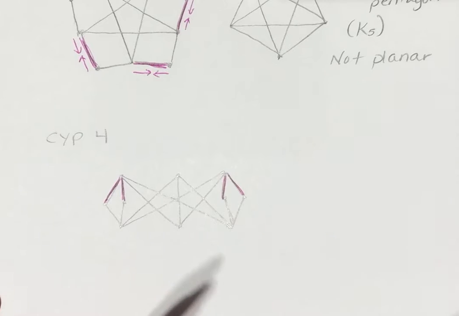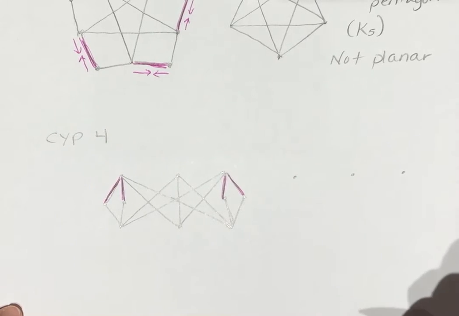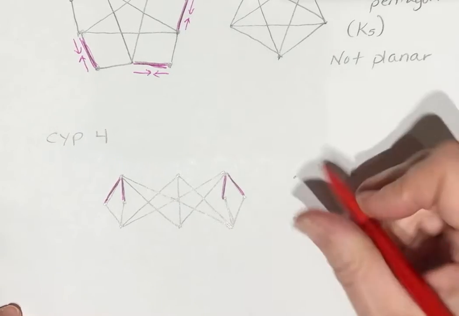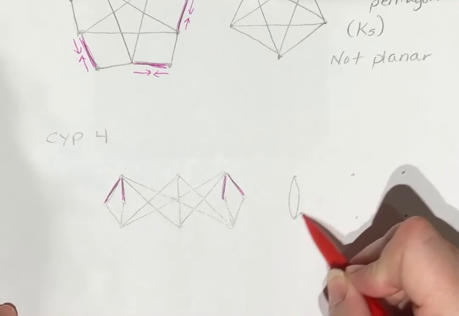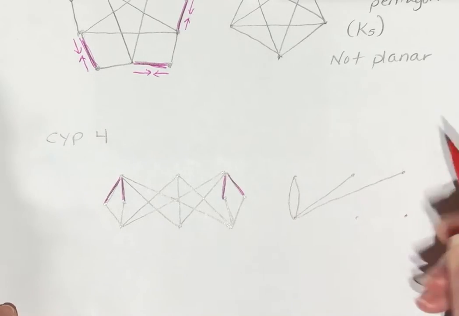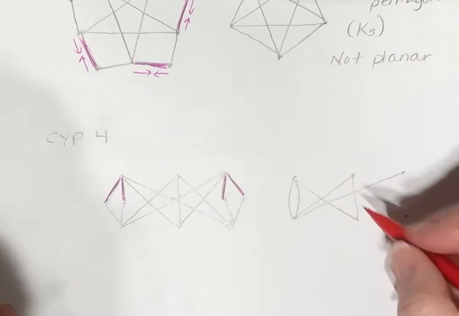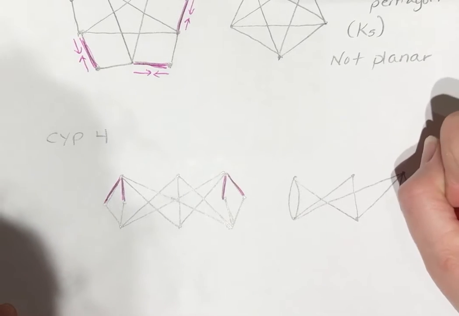what I'm going to have to begin with is a graph that would have multiple edges here and multiple edges here.